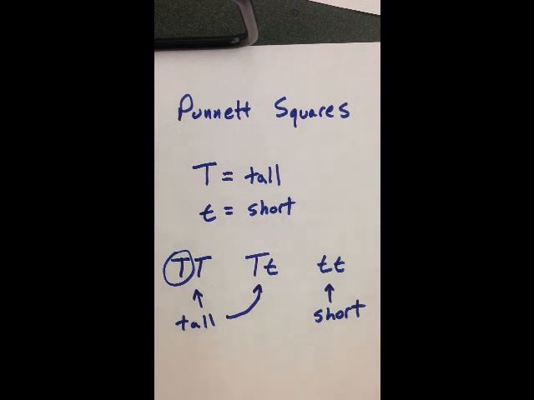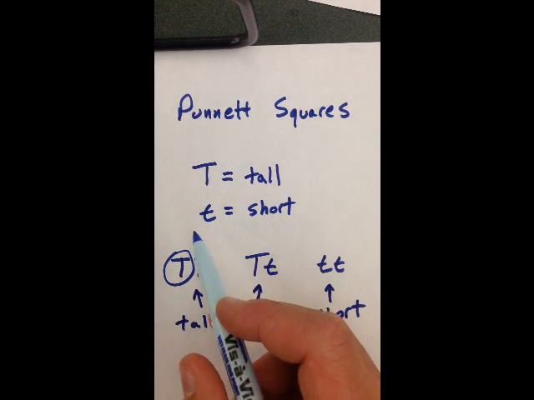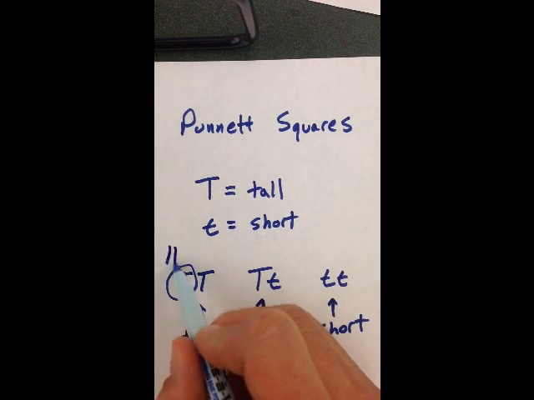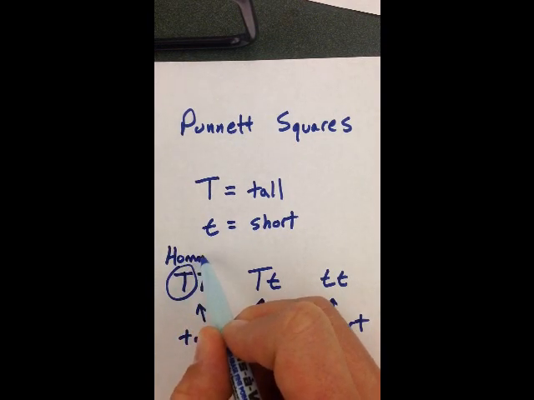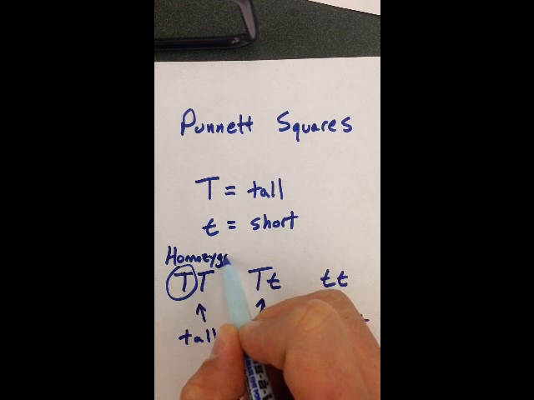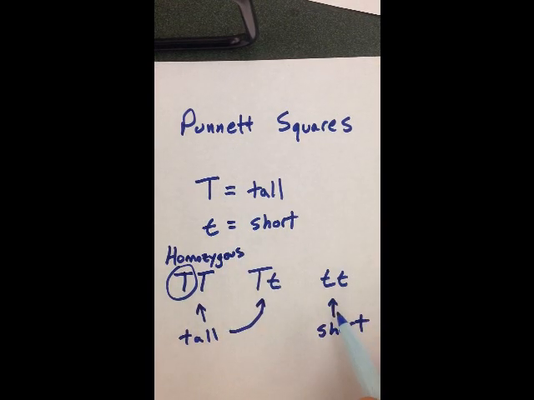Another thing, some of the terminology we use, we would call a plant, in this case, with two of the same genes, we use a term. We would call this plant homozygous. And that's a term we use for two of the same gene.